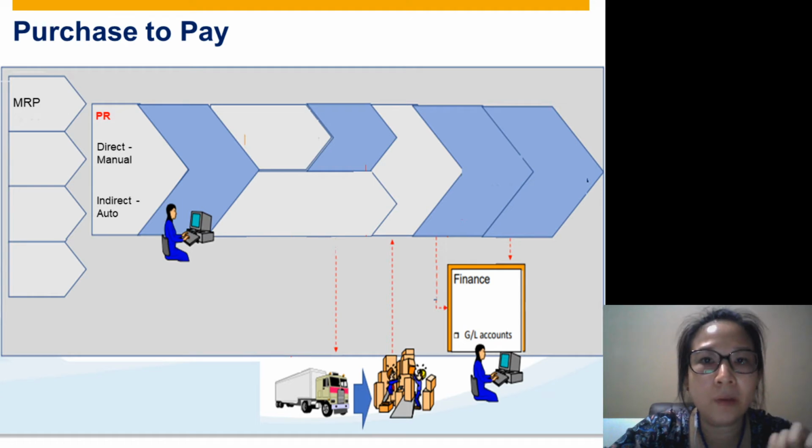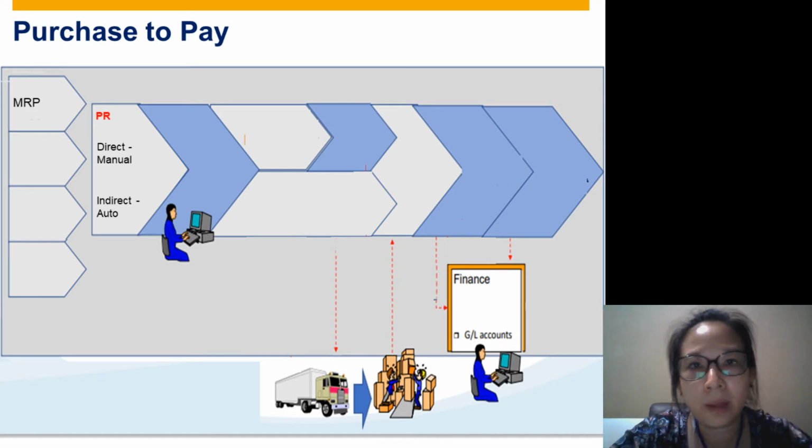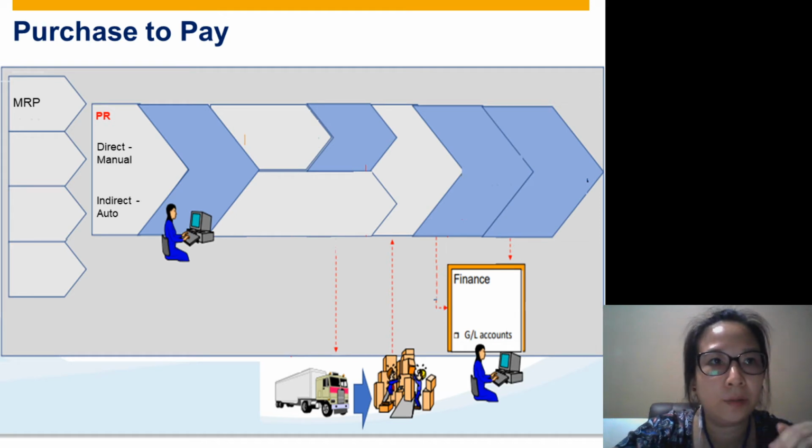based on the needs of the production. So that's what we call MRP generating the PR automatically, based on the demand, and then calculating the BOM, and then it will generate the PR.